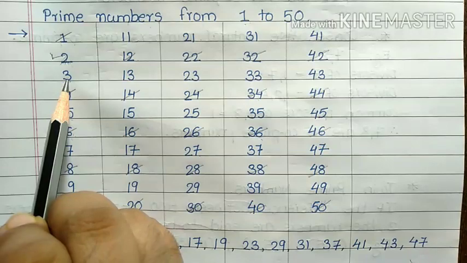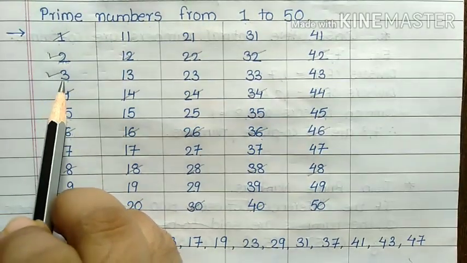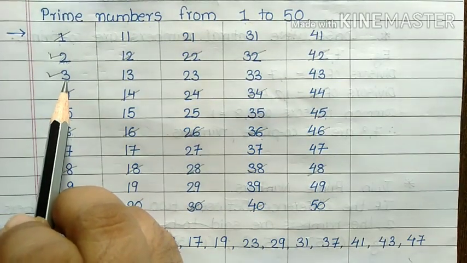After 2 is 3. 3 is a prime number. Now the same method. Which numbers are divisible by 3?